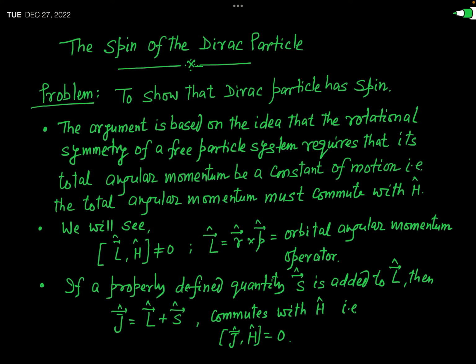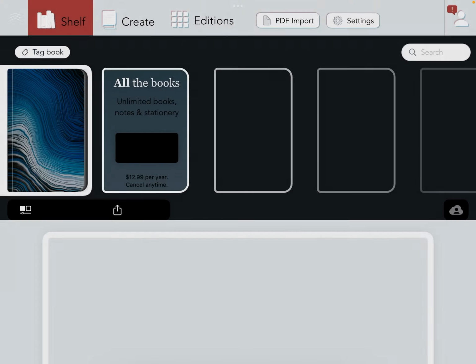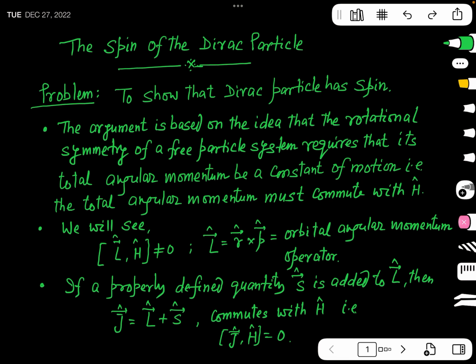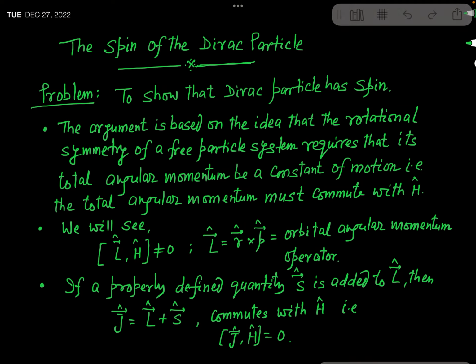So the basic problem in front of us is to show that the Dirac particle has a spin. I am not using the word electron, but in general the Dirac particle. Electron is just an example of a Dirac particle, but we will see that any Dirac particle must have a spin.